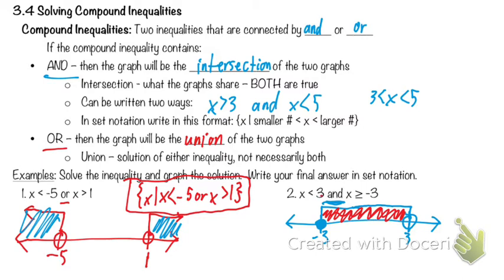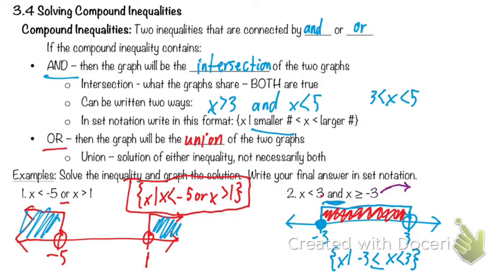So then for our set notation, we would have x such that, and we said earlier we would do smaller number, so that is -3, is less than or equal to x, which is less than 3. So it's kind of like we end up flipping this inequality here.